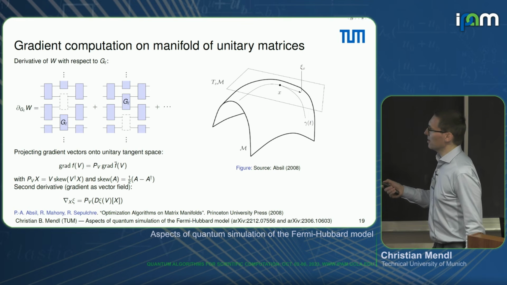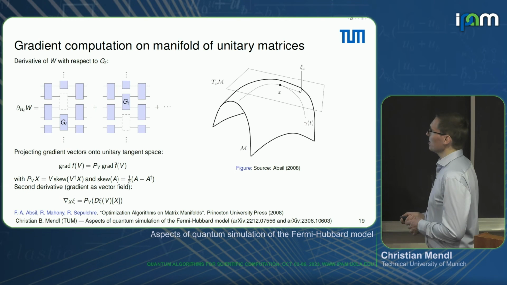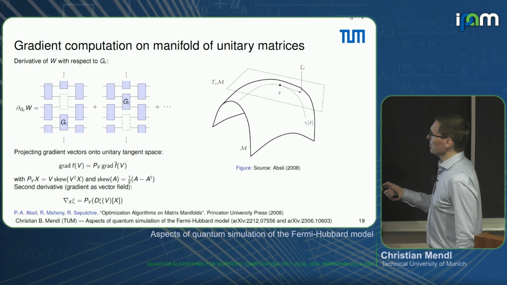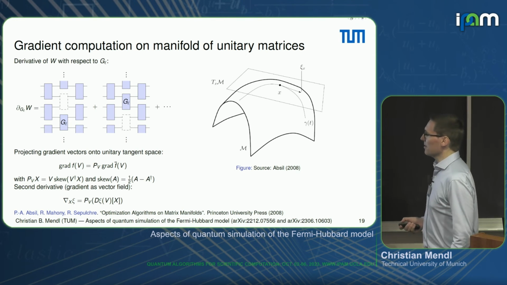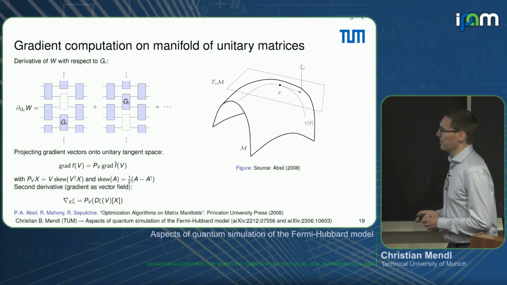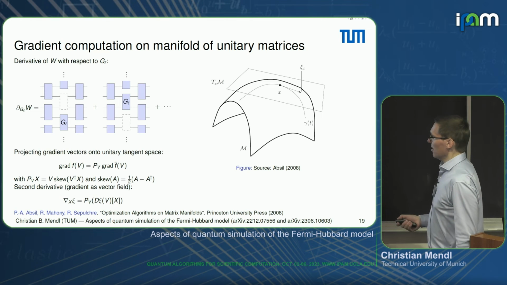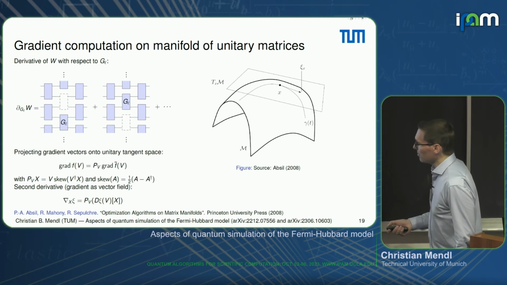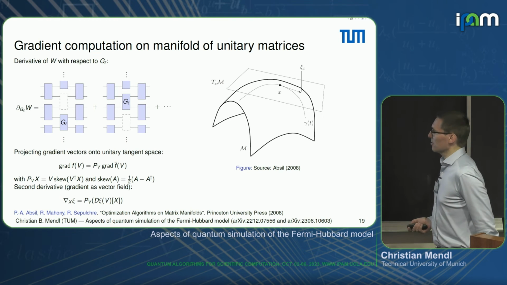Pictorially you can imagine it like that: this manifold would be the manifold of unitary matrices, and we basically want to stay on this manifold, and if you compute gradients, for example, you stay in this tangent plane. So it's a bit technical in the end, but conceptually the ideas are not so complicated. And there's also this nice book which I've referenced here, which gives a very nice introduction to this topic.